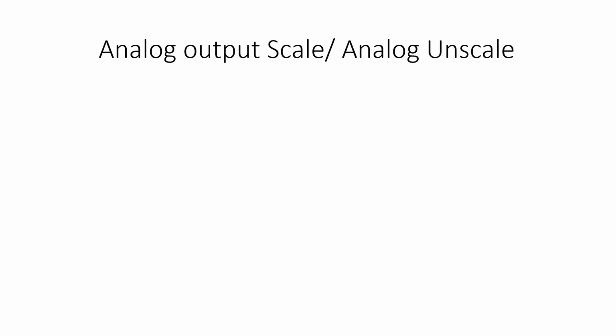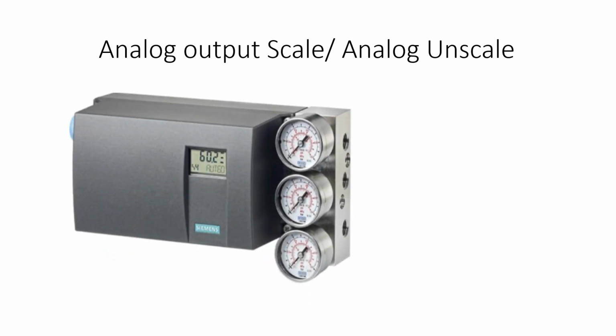Suppose we have an actuator, and that actuator is controlled by a pressure, and that pressure is also controlled by an analog output, an analog signal of 4 to 20 milliamps. Here we can see a picture of a Siemens Farid I2P controller.